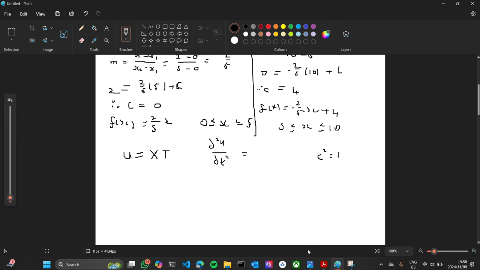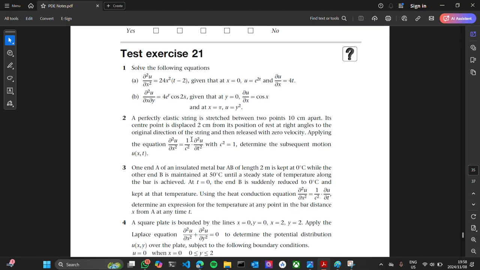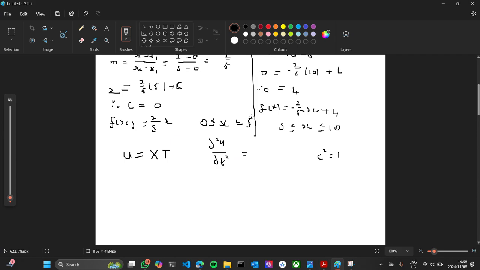So I'm not even going to bother writing it here, because this will just become 1. So you can just write this d squared of u over dt squared. Cool.